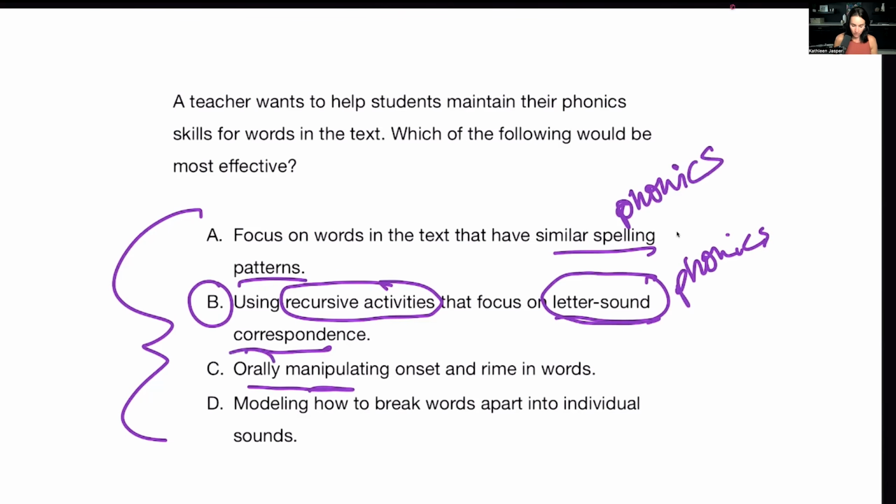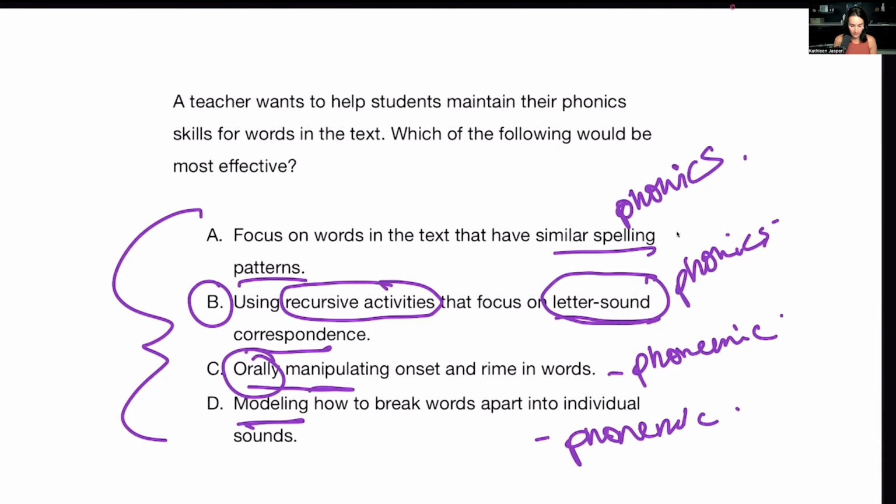And then we have orally manipulating onset and rhymes. This is phonemic awareness. Let's have a look at D, modeling how to break down words into individual sounds. Well, modeling is a good word on the test. I like modeling. And this, again, is phonemic awareness. So we have phonics, phonemic awareness.